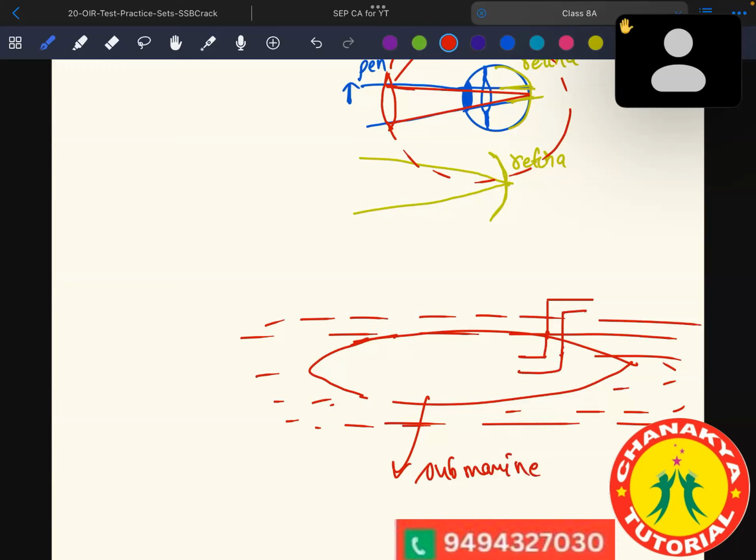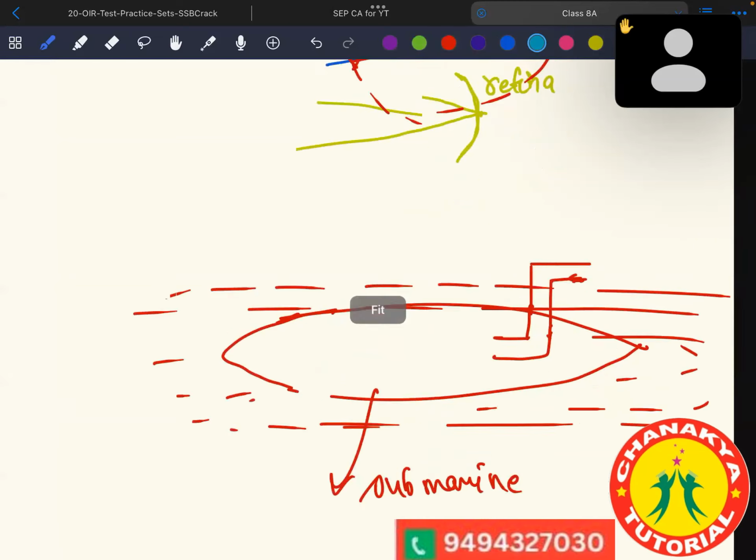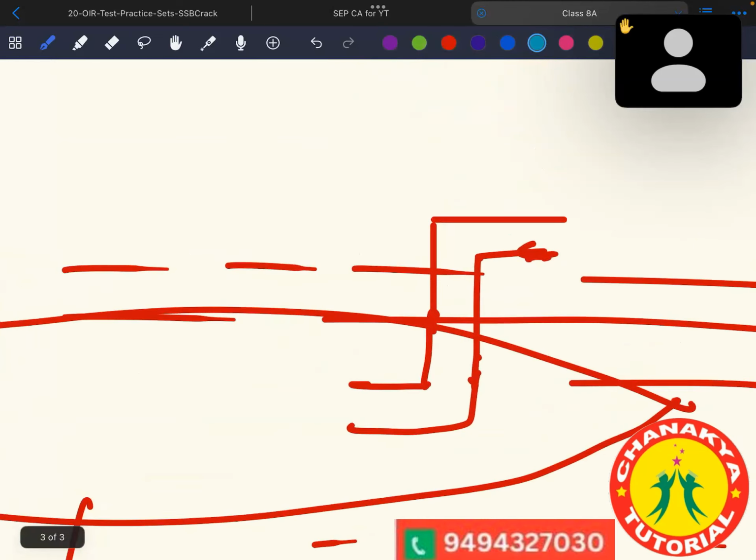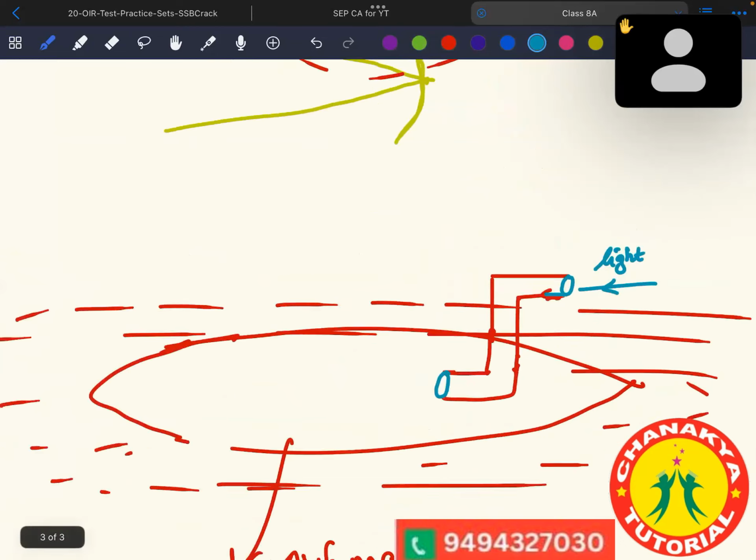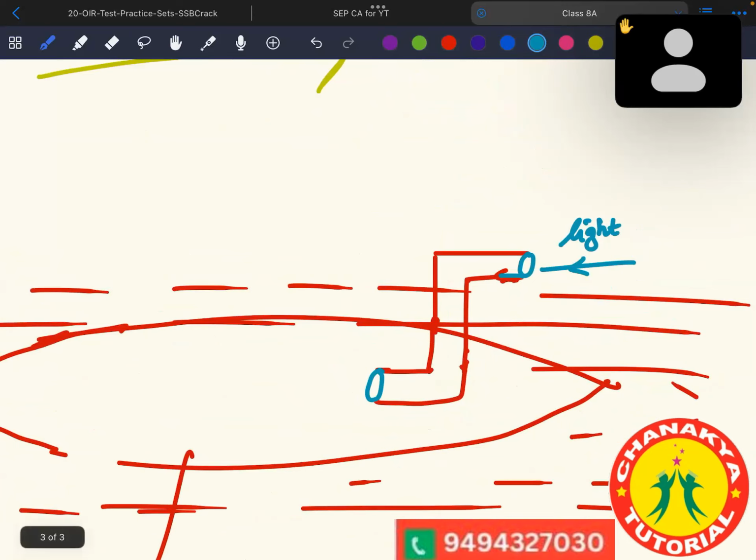It will have a slanting mirror at each, and then on the top also it will have a slanting mirror, so the light going through the tunnel actually reflects, and then it can come to our eye. The slant of each mirror is 45 degrees, which in total makes 90 degrees. Correct.